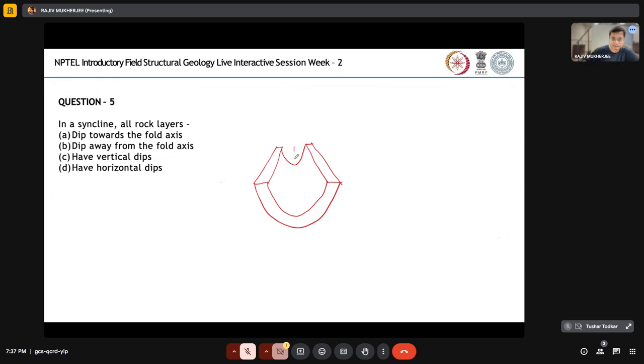So this is the imaginary axial plane, these are the limbs of the fold, and it is constituted with the bedding planes, right?